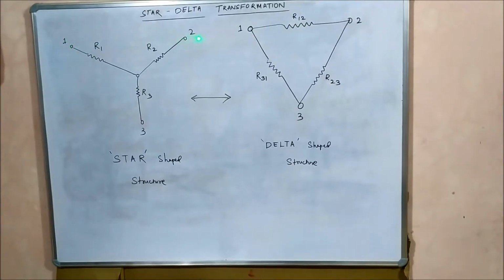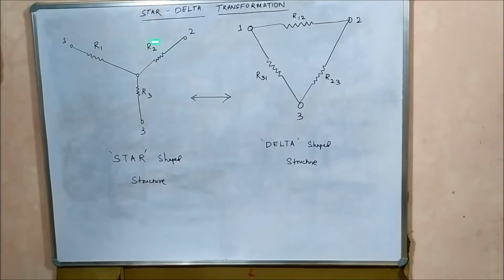In between the same two points 1 and 2 there is another resistor value R12, in between points 2 and 3 there is R23, and in between points 3 and 1 we have R31. So basically what we have done is we have converted this star shaped structure into delta form, and the resistor values have changed to R12, R23 and R31.